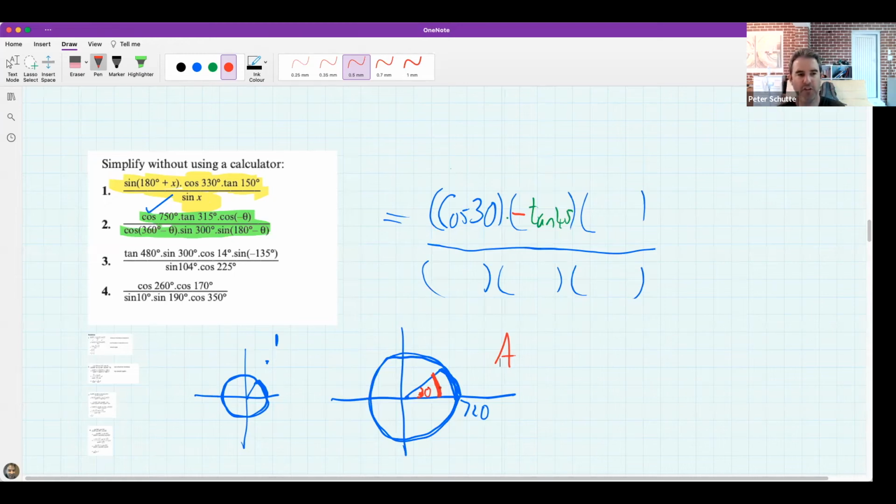So with big numbers, you just have to think, how many multiples of 360 can I take away? So maybe another way of doing it is to say, think about the cos of 750 as it's in quadrant 1. So the cos of 750 minus 720, because that's two multiples.